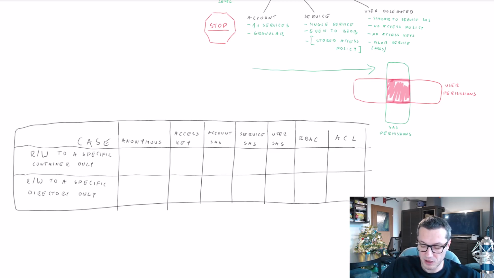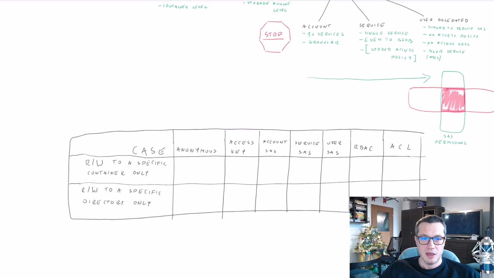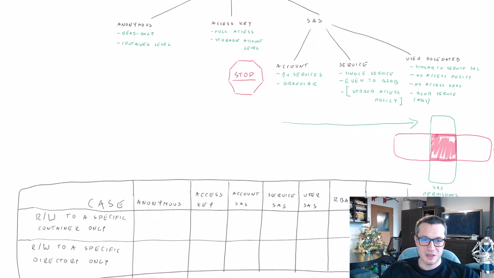And if yes, why? If not, why? All right, so the first case: we want to grant read and write access to a specific container only. And anonymous access, in this case, you should remember, as it's already written above, grants read access only. So no, for sure it won't work, because it doesn't grant us write permissions.